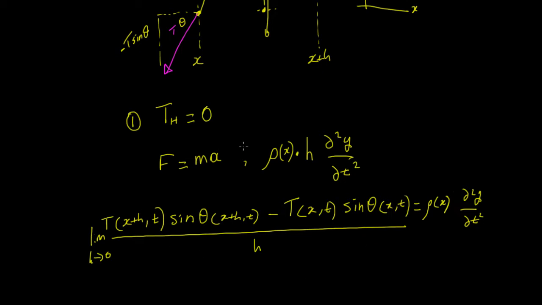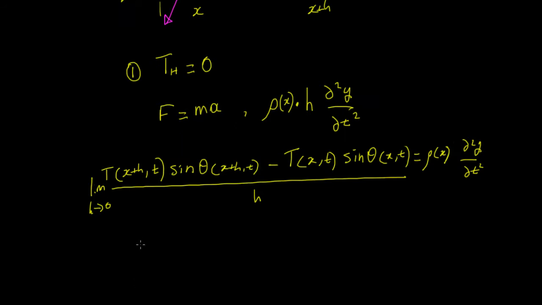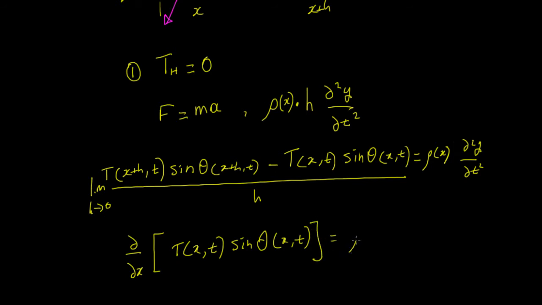So that whole thing there is just a differential, so all that's going to give us is partial by partial x of T of x at time t times the sine of theta of x at time t, and that whole thing there is just going to equal our mass per unit length times the partial squared y by partial t squared.